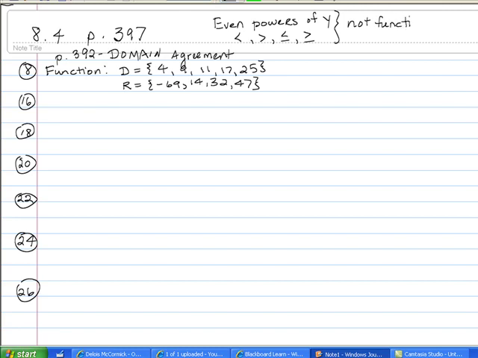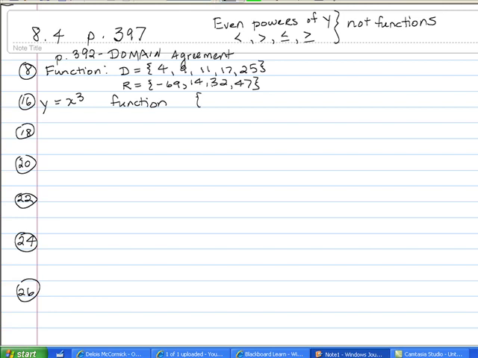Okay. So odd powers like in 16 are okay. So y equals x cubed is a function. And in terms of the domain, we're looking for anything that would create a 0 in the denominator or a negative inside a radical.